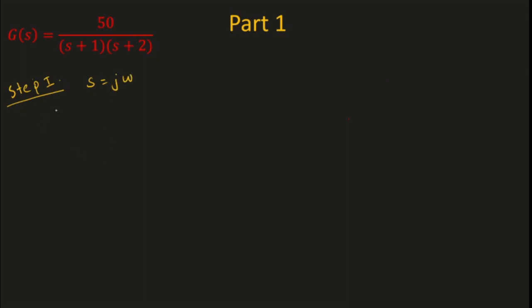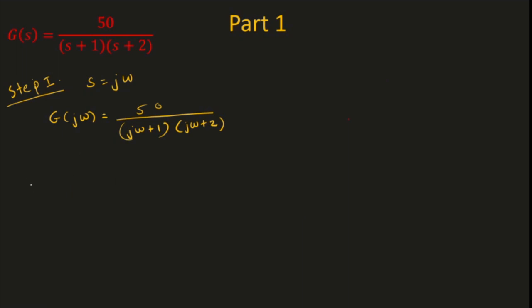So this transfer function will then become g of j omega is equal to 50 upon j omega plus 1, j omega plus 2. So we need to map this to some w plane which is having some magnitude and some phase.